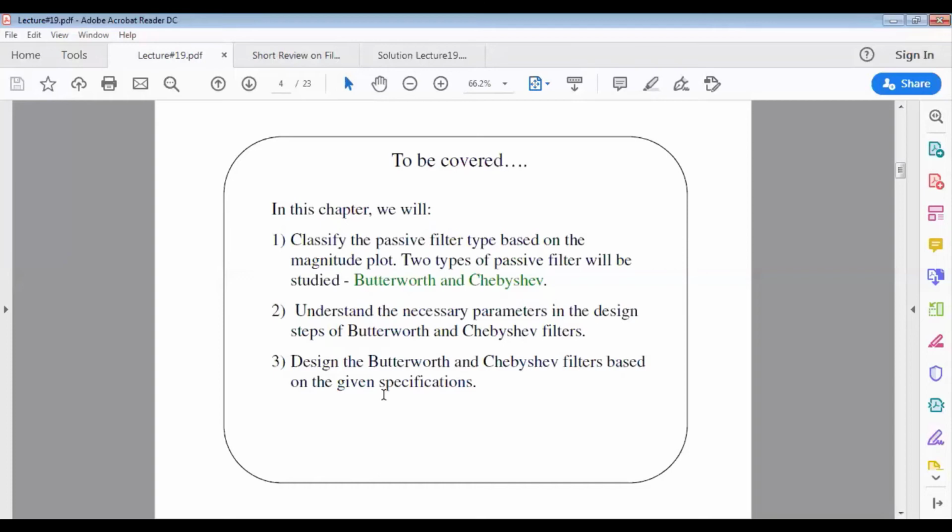This is quite important because we have to understand what parameters need to be obtained in order to design the Butterworth filters. And number 3, we are going to design the Butterworth filters based on the given specifications. So basically these are the important things to be learned in chapter 6, in which our concentration will be only on the Butterworth filter.